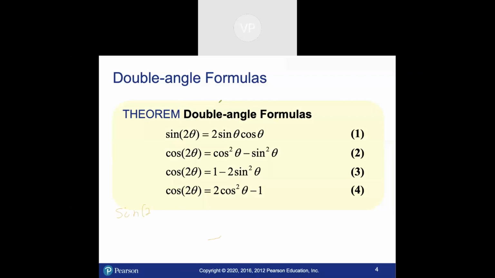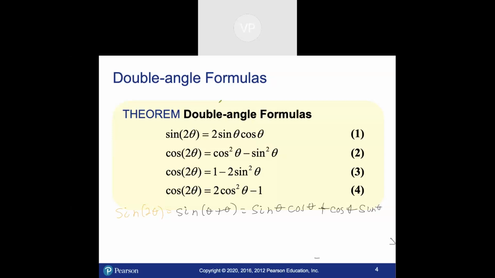If you want to get sine of 2 theta, well, remember, what does 2 theta mean? It simply means theta plus theta. And based on the section that we just finished, we know this is the same as sine of the first, cosine of the second, plus cosine of the first, sine of the second.